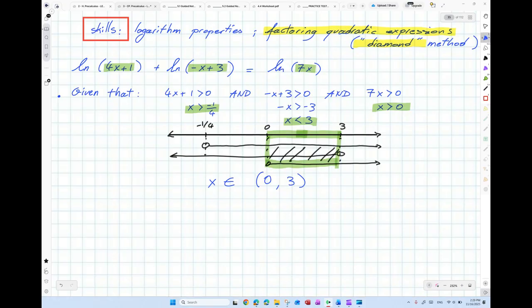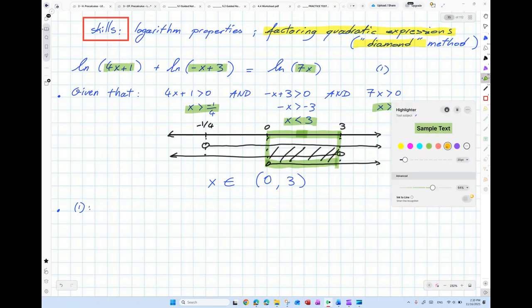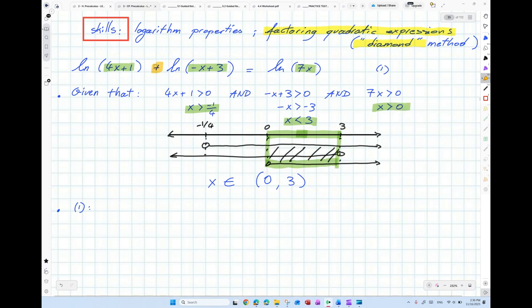Now, the necessary conditions for that logarithmic equation being set, now I can solve it. Let me label that equation number 1. I'm going to condense this side.